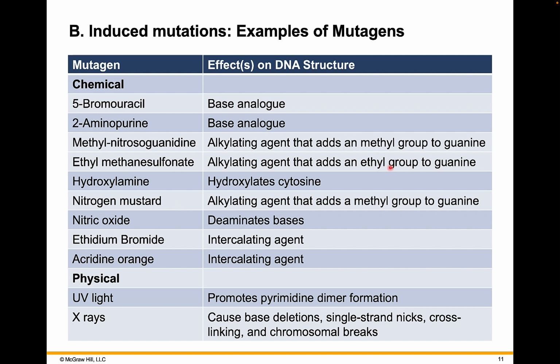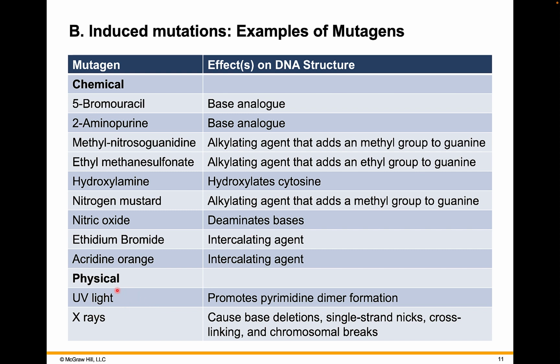Ethyl methyl sulfonate adds an ethyl group to the guanine. Hydroxylamine, a DNA modifying agent, hydroxylates cytosine. Nitrogen mustard, the nerve gas, mustard gas, is an alkylating agent that adds a methyl group to guanine. Nitric oxide deaminates bases, and ethidium bromide and acridine orange are called intercalating agents.